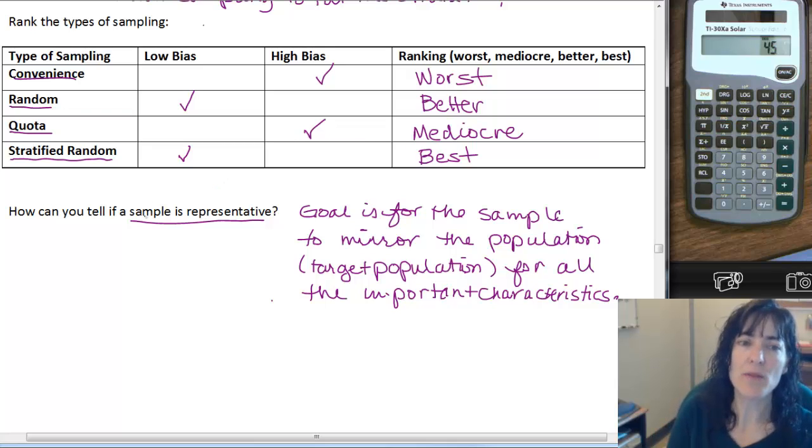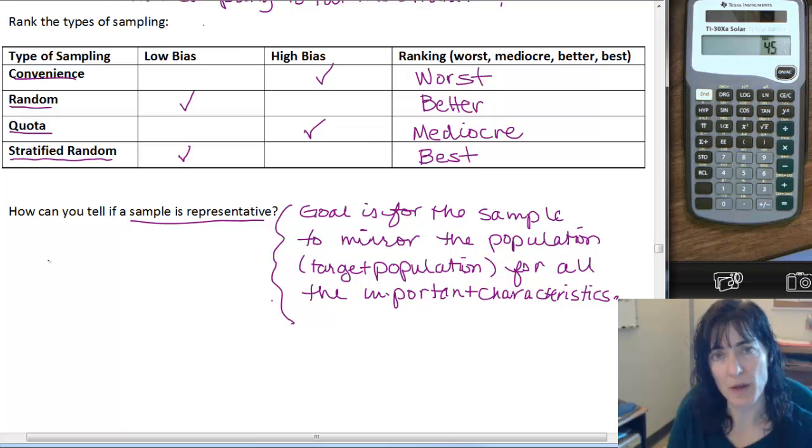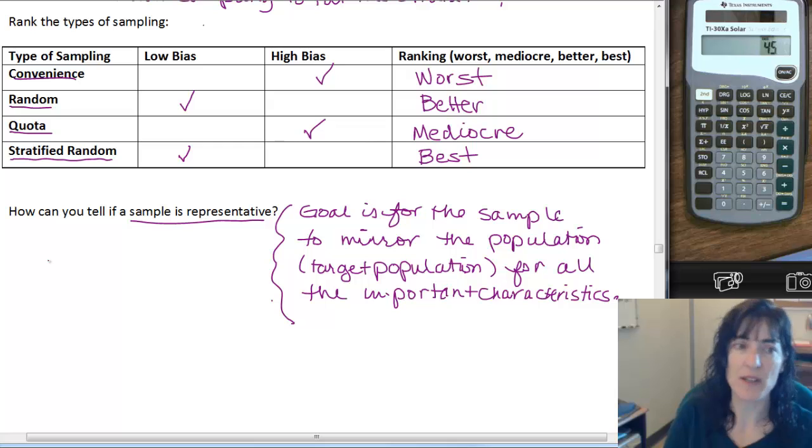Okay, so to tell if your sample is representative, this is very important. It's a really nice rule of thumb for you to use when you're trying to figure out, is this a representative sample?